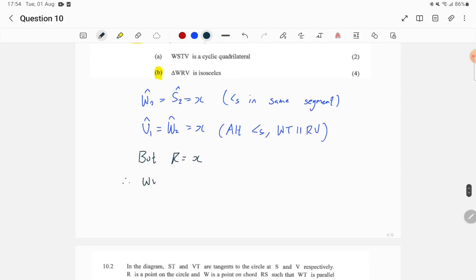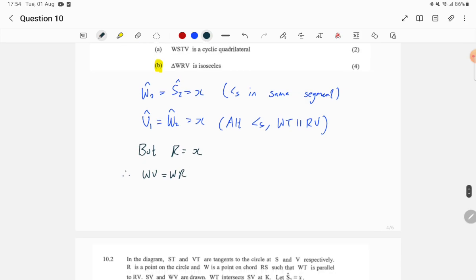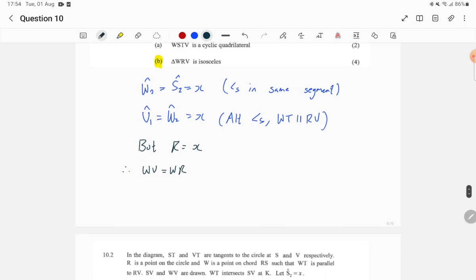Therefore, WV is equal to WR, and our reason there is sides opposite equal angles. And therefore, triangle WRV is an isosceles triangle.